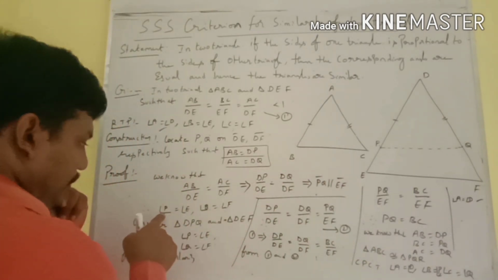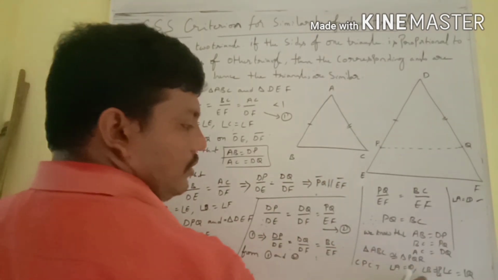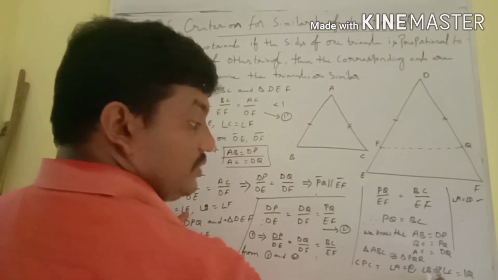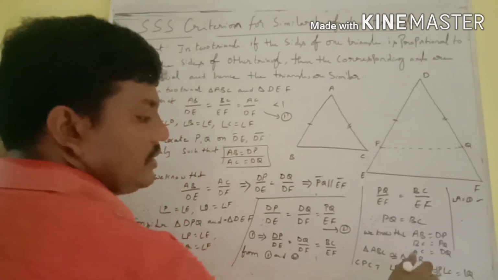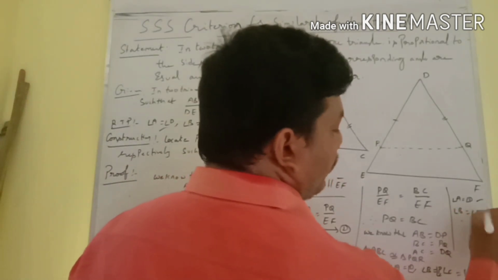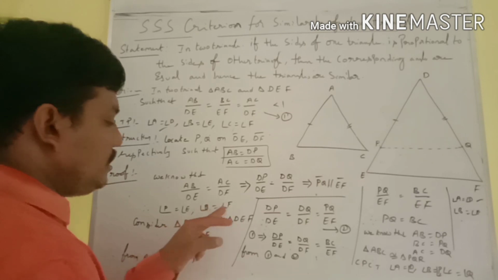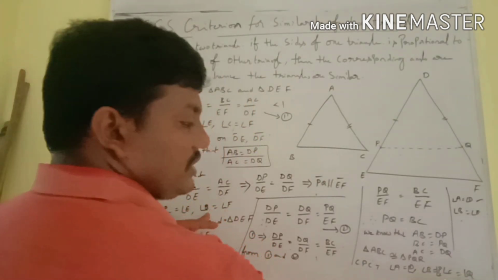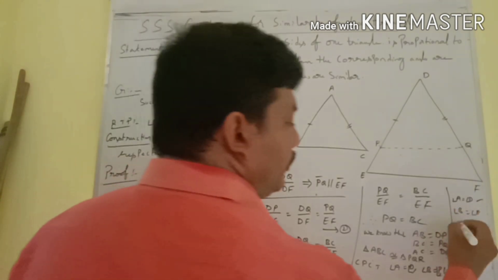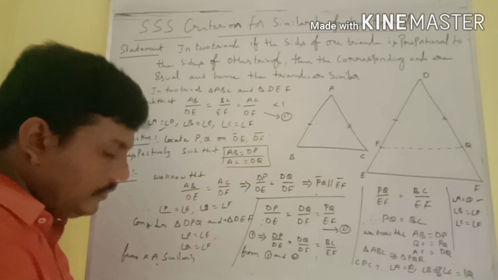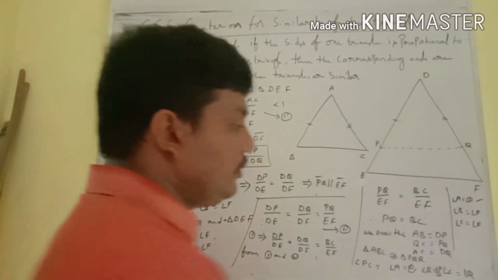That is, B is equal to E. Now here Q is equal to F and Q is equal to C. That means in both cases Q is common, then C is equal to F. That is angle C is equal to angle F. Hence it is proved.